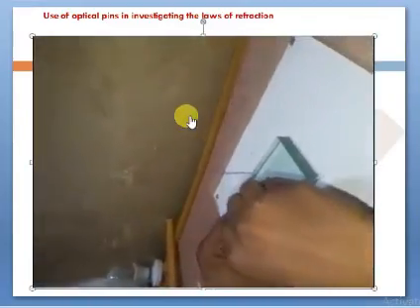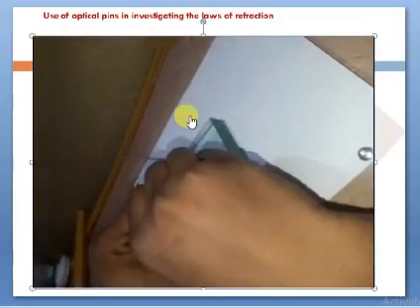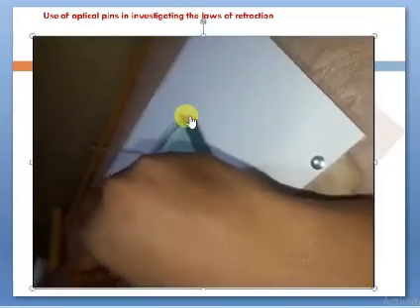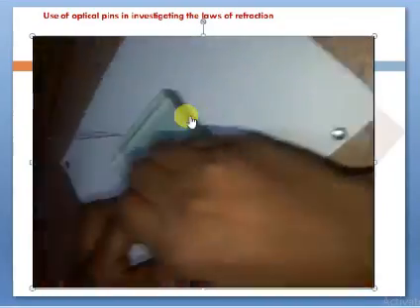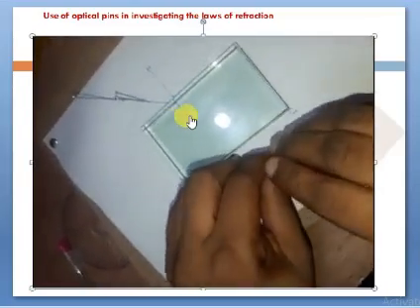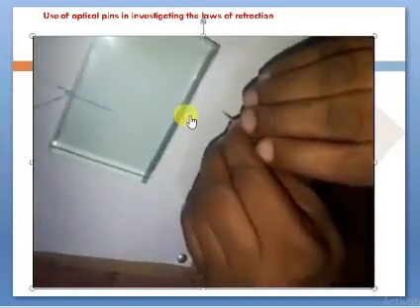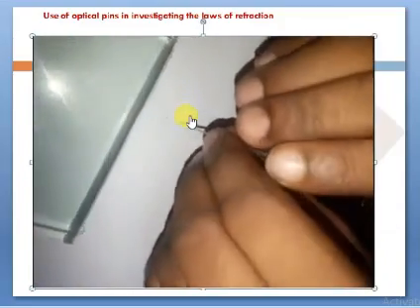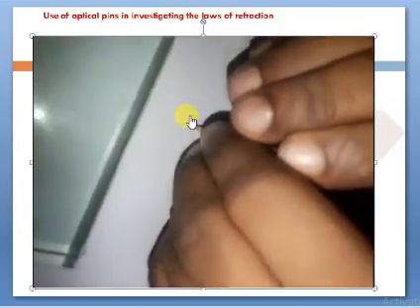So these two pins are the sighting pins. You move them along that CD until they appear to be in a straight line with the images of P1 and P2 when you view them through that rectangular prism.